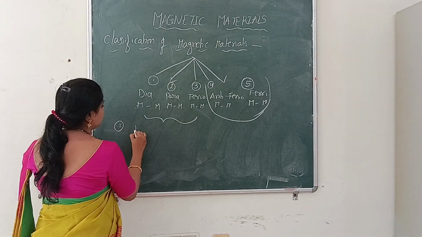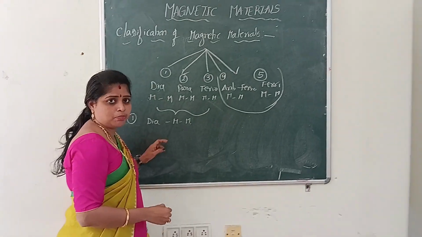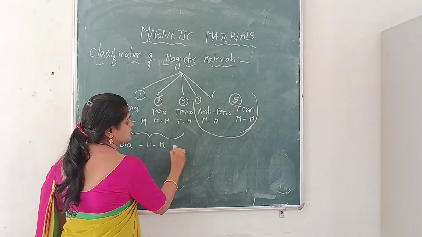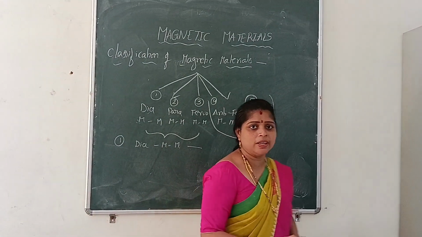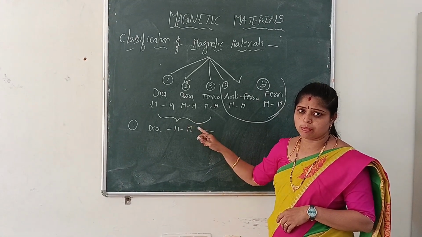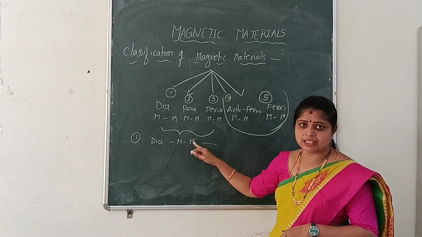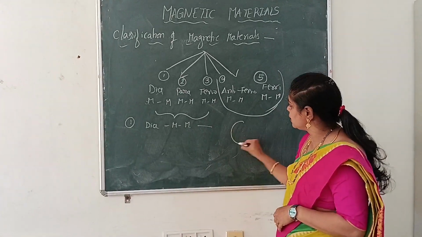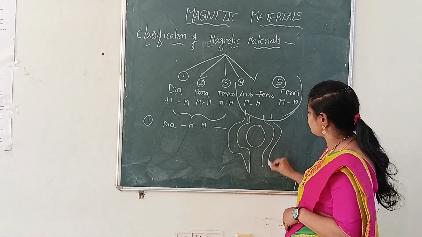So first one, diamagnetic materials. The materials which have no permanent dipoles are called diamagnetic materials. When diamagnetic materials are placed inside the magnetic field, all the lines of force are expelled.